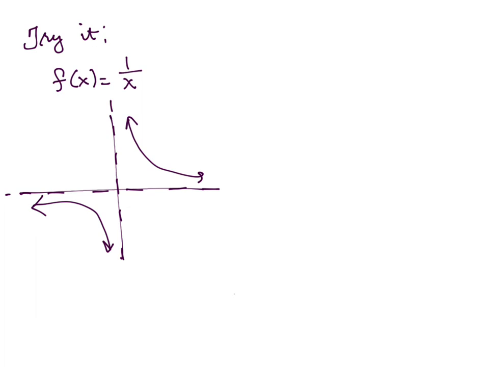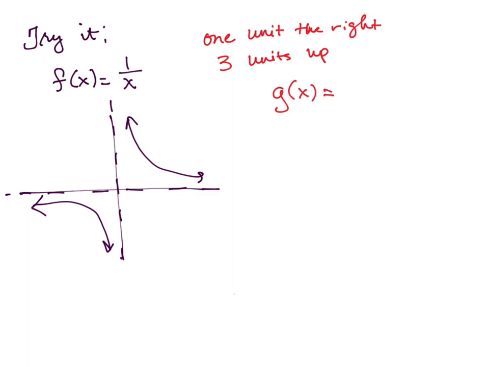Now, we're going to write an equation for a new function that shifts the toolkit function 1 unit to the right and 3 units up. So this will be a new equation, g of x equals.